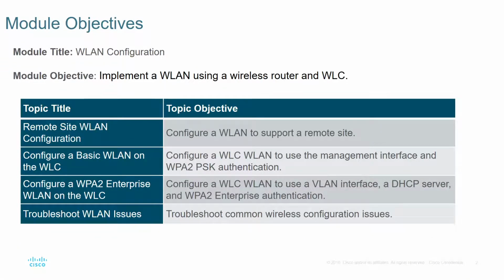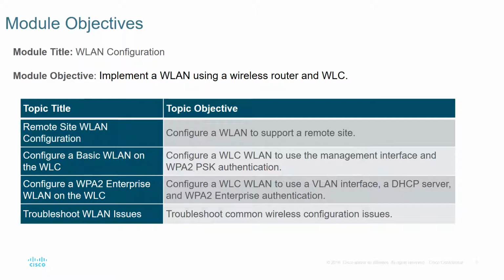The objective for this week is to implement a WLAN using a wireless router and wireless LAN controller. We're going to configure a wireless LAN to support a remote site, configure a wireless LAN controller for a wireless LAN to use the management interface and WPA2 PSK, pre-shared key authentication.